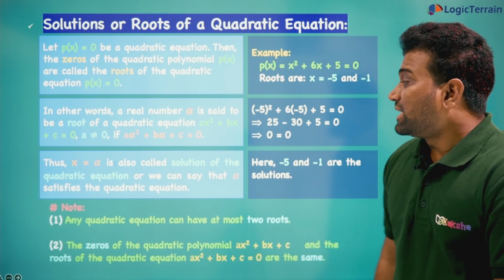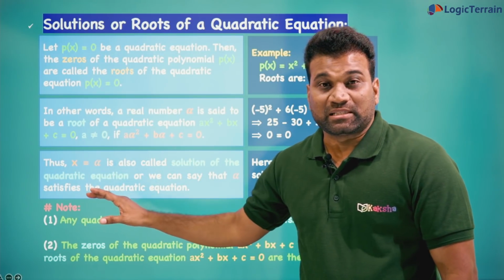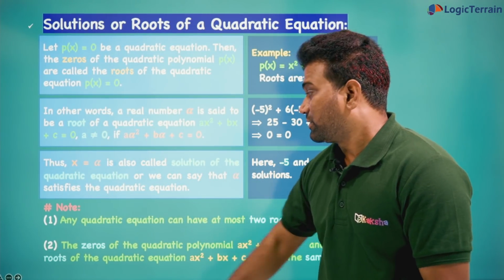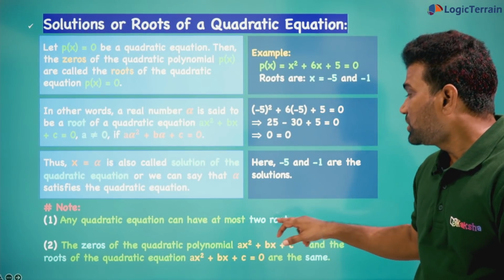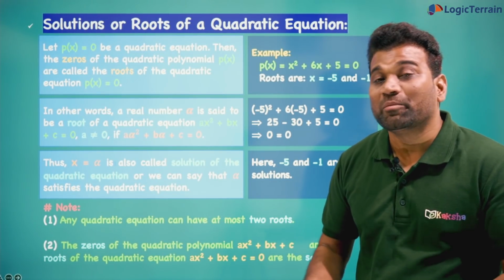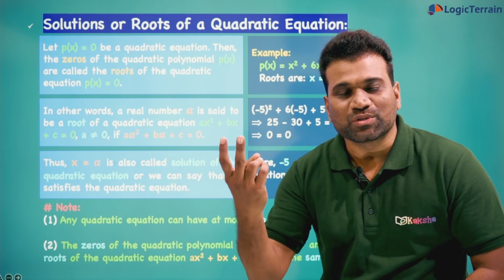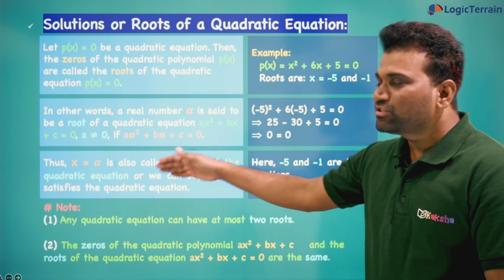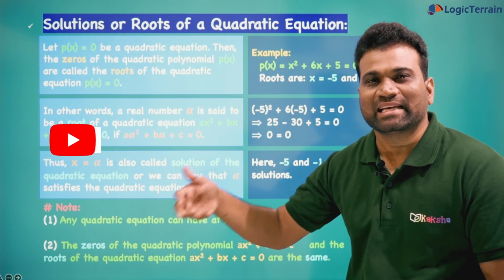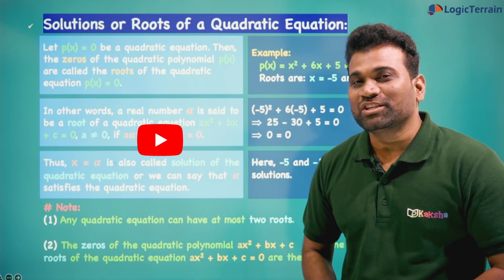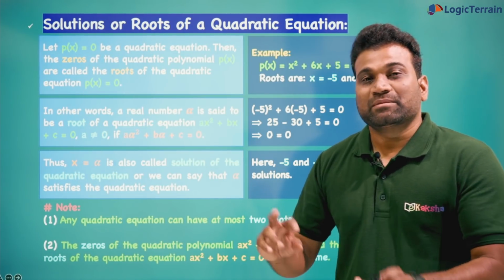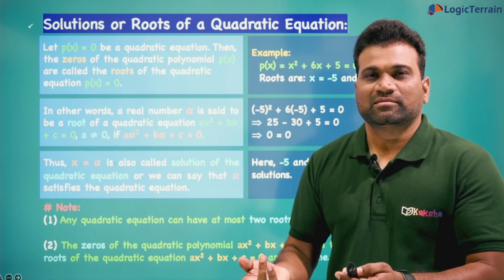Now here are some important note points you need to remember. First one, any quadratic equation can have at most 2 roots. How many roots? 2 roots, because it is a quadratic equation whose highest degree is 2. So it will have at most 2 zeros. Sometimes both are same or different.